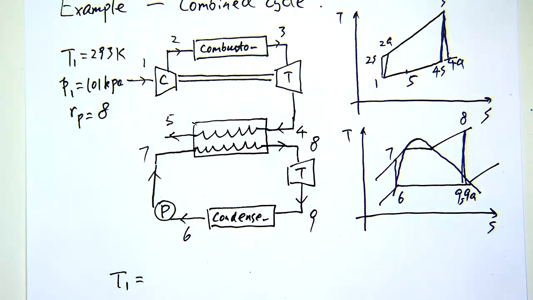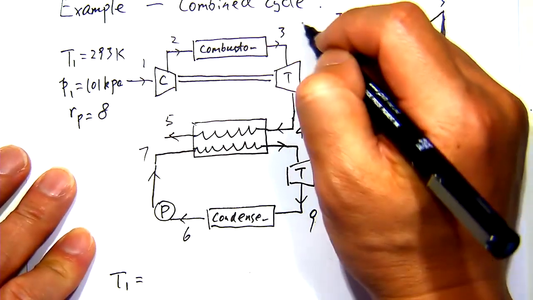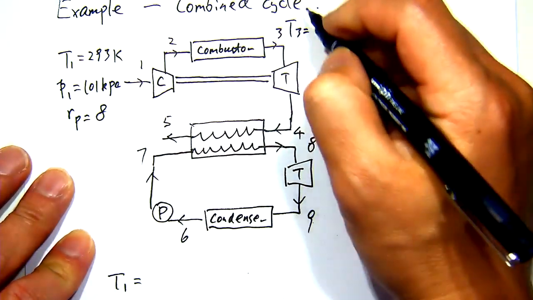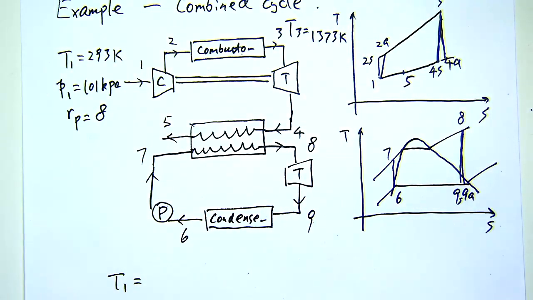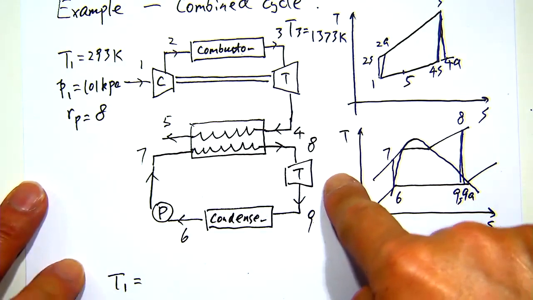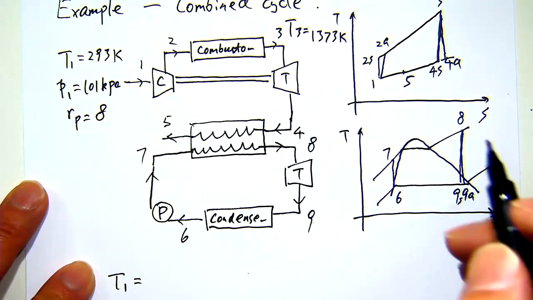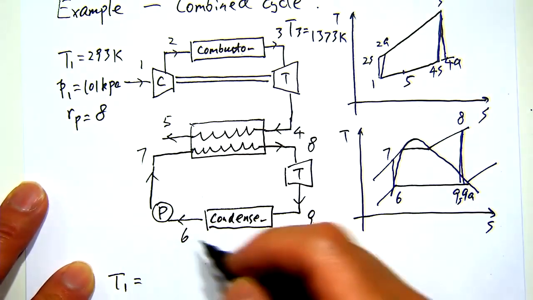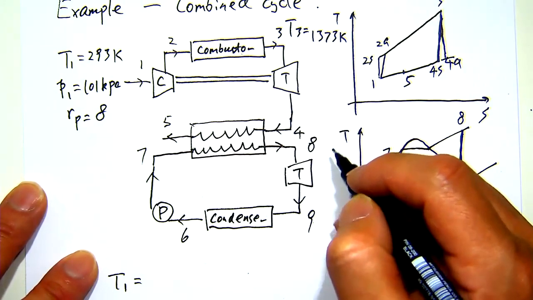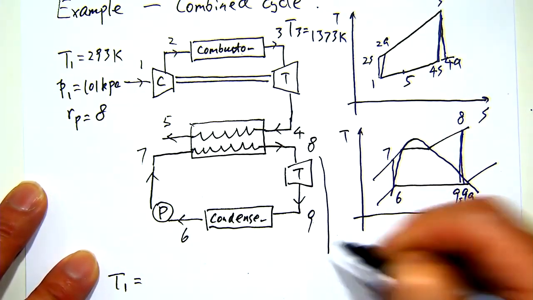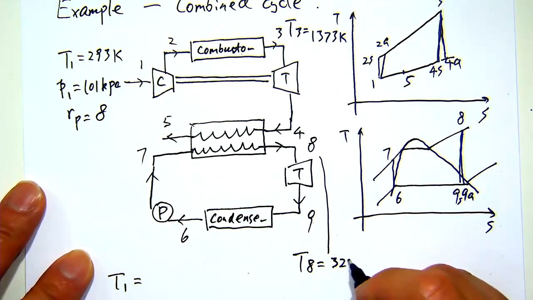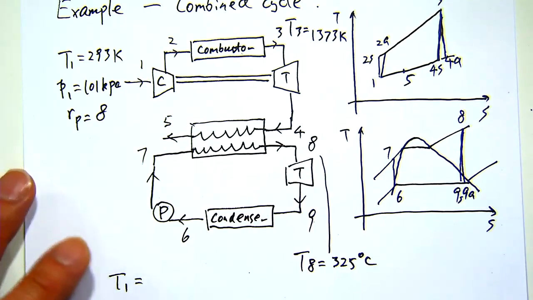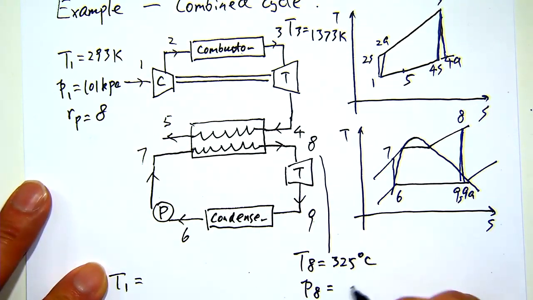And the T3 equals 1373 Kelvin. All right, and then what else? Then the steam turbine, we have T8 equals 325 degrees Celsius, and the pressure P8 is 6 megapascal.